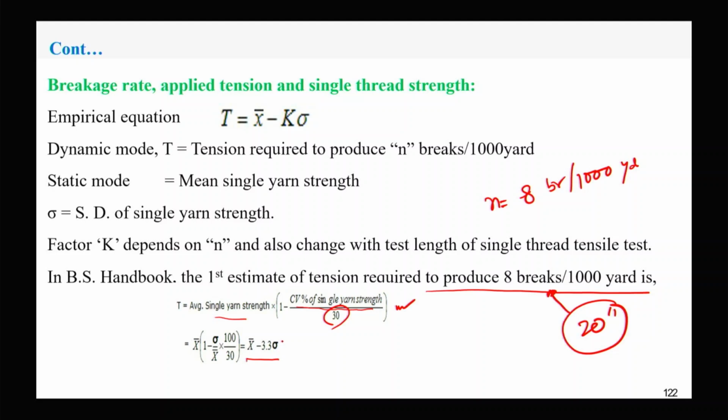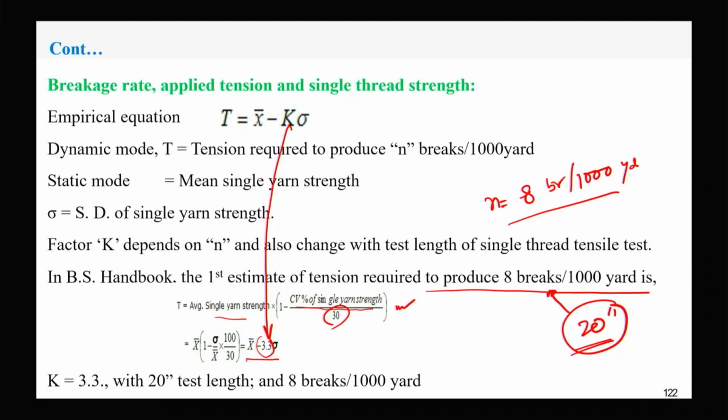Sigma is standard deviation. So this is nothing but this constant K. We get this constant only in this condition, 8 breaks per 1000 yard, and the gauge length is 20 inch. So K equals 3.3 with 20 inch test length and 8 breaks per 1000. At that condition only it will be 3.3.